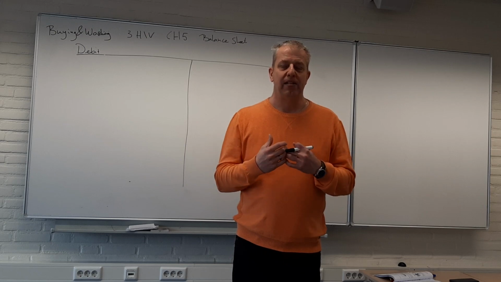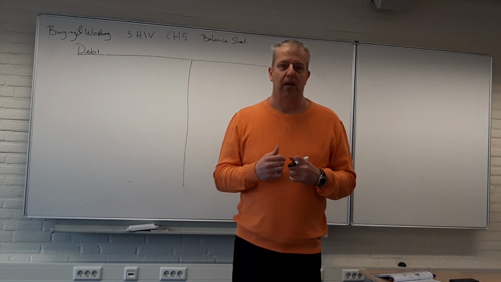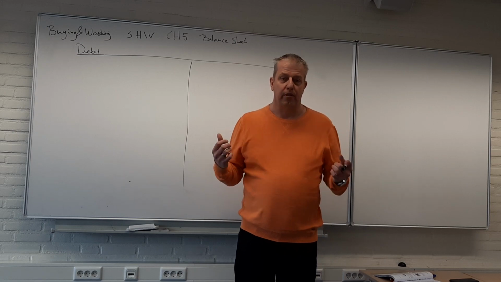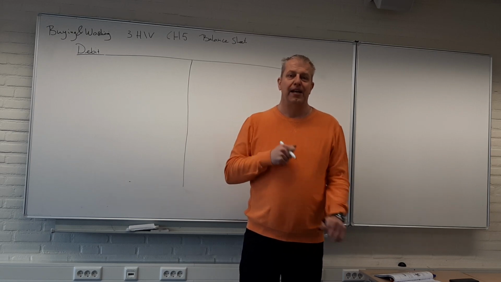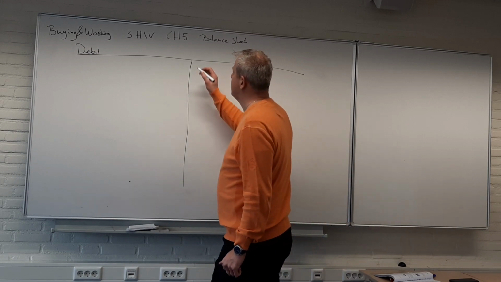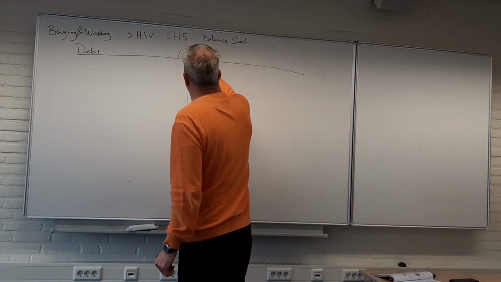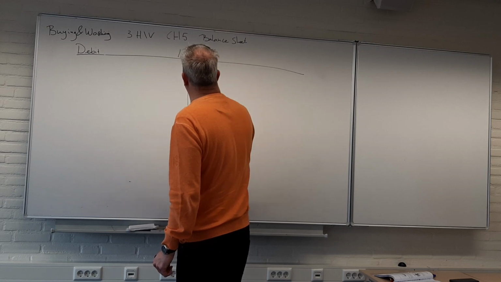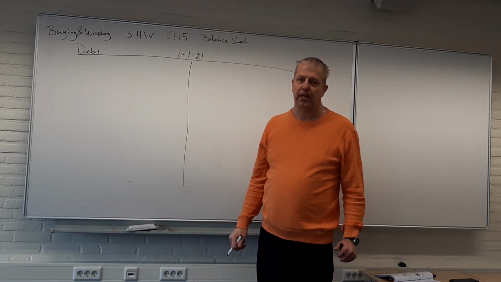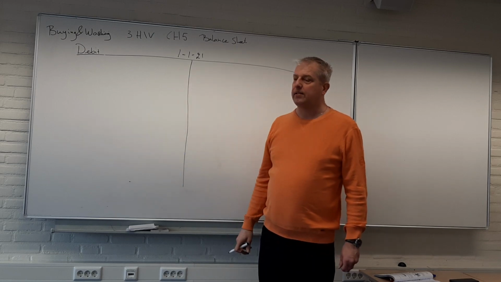So it depends on what time I draw up this balance sheet, what I own and what I don't own. So it can change. That's why we always put a date above the balance sheet. So in this case, maybe the 1st of January 2021. Yes? So we're going to have a look at the debit side.